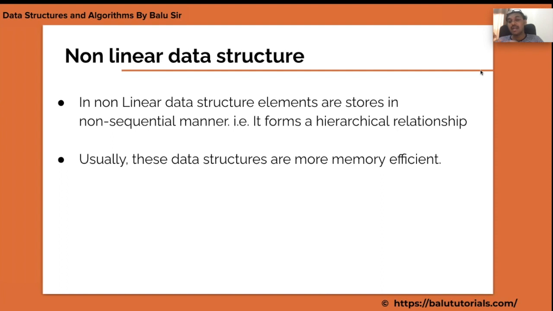For time complexity and memory purposes, a non-linear data structure gives better performance than a linear one. A linear data structure can lead to memory wastage, whereas a non-linear data structure will not waste memory. That covers data structures, their types and applications.